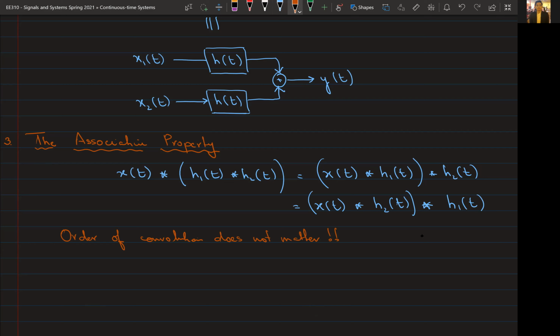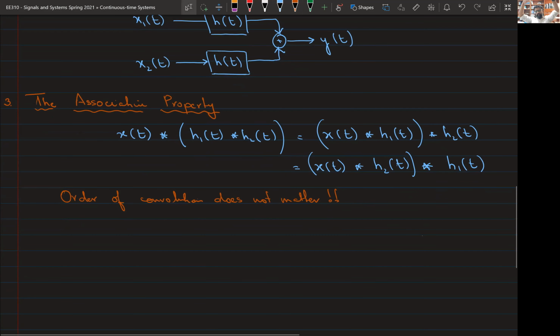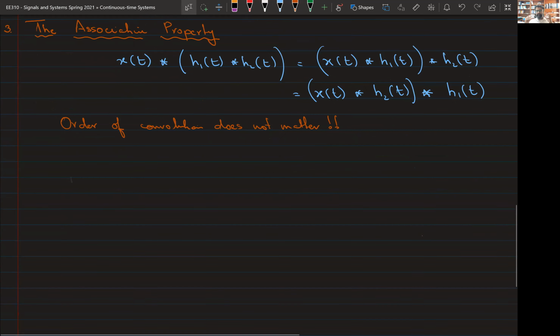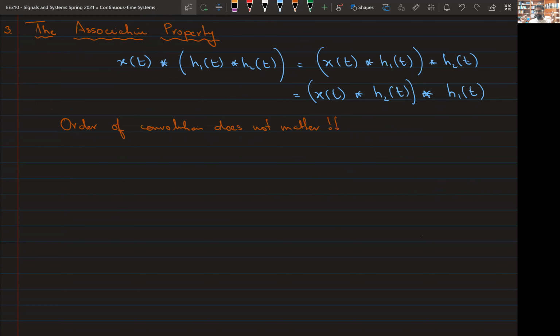So can we try to visualize this in block diagrams? Just like we did with the distributive property, can we try to visualize what this associative property indicates as far as the block diagrams are concerned? What do you think? Who's going to help me?